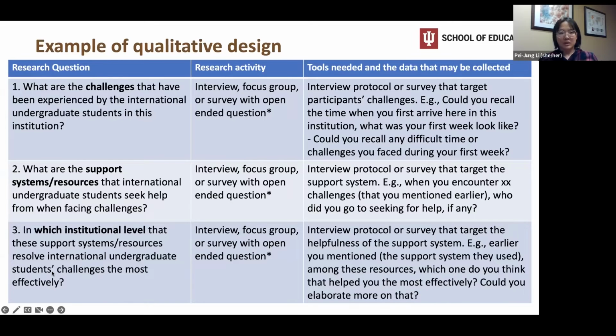Anyway, for the second research question, for example, I would target the support system. The approach I would take is to follow up on the first question I asked earlier about their challenges. I would say, earlier you mentioned these challenges you have faced.